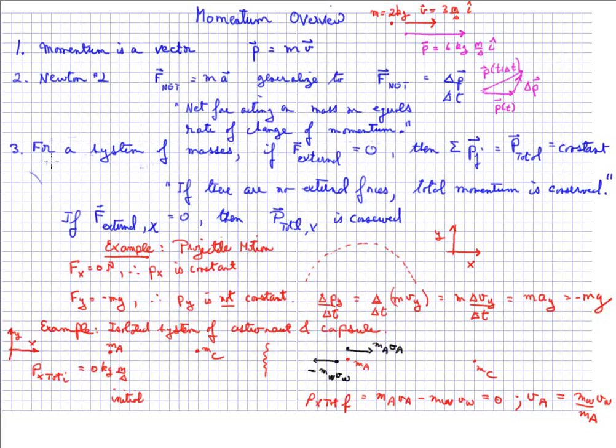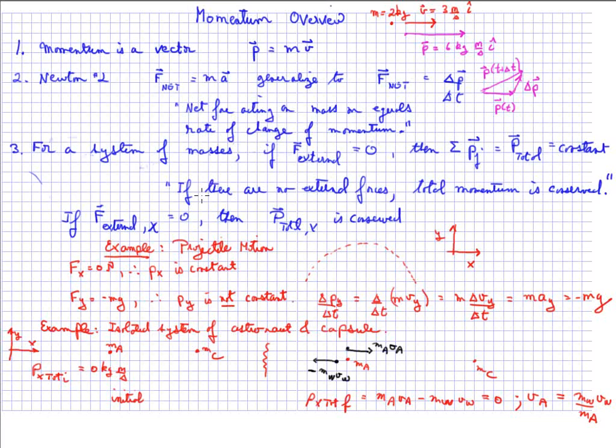Thirdly, for a system of masses, imagine that we have several masses, 2 or more. If the external force is equal to 0, then the sum of the momenta of all the masses, which is going to be equal to the total momentum, will be constant.